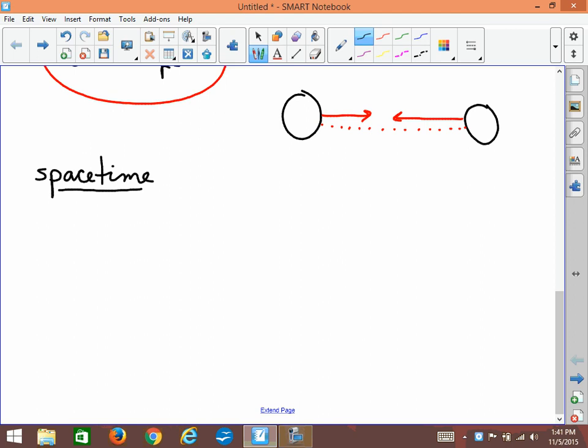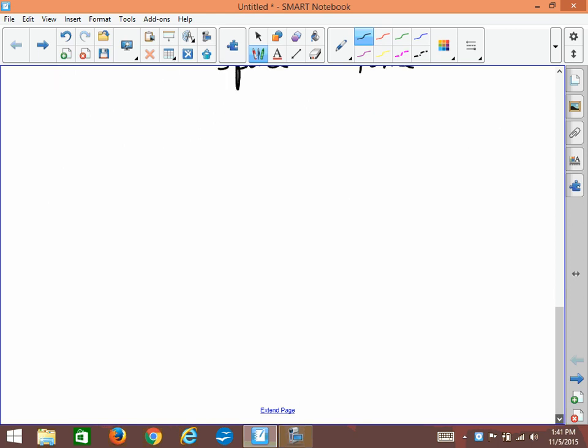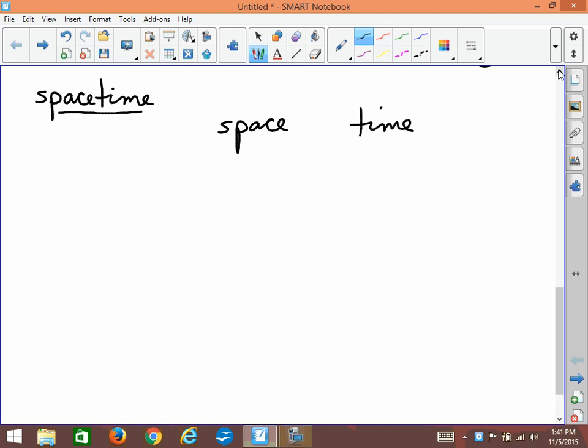What does space-time mean? Well, let's think about the two words. We have space and we have time. Think very simply of space as having 3 dimensions. If you graph space, it's kind of hard to do on a board like this because it's 2D, but think of that dot as coming out towards you.